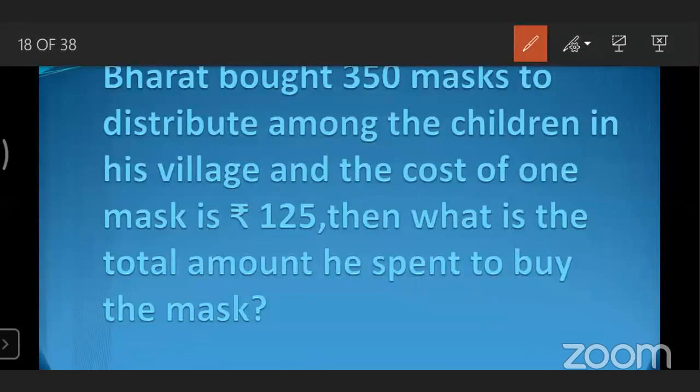This is the word problem. Now see, Bharat bought how many masks? 350 masks to distribute among the children. What is given? 350 masks. Now second part is the cost. The cost of one, important word. One mask is rupees 125. How many masks he bought? He bought 350 masks, right?